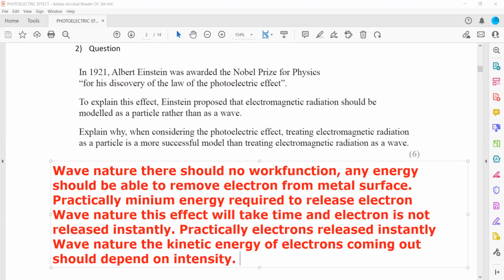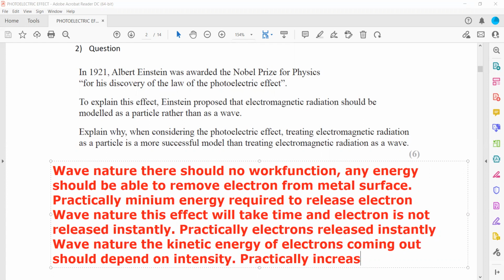But practically what we observe, increasing or changing the intensity will increase the number of electrons but not their kinetic energy. High intensity means more photons. If more photons are there, there will be more electrons.